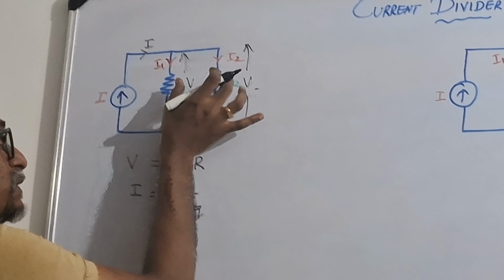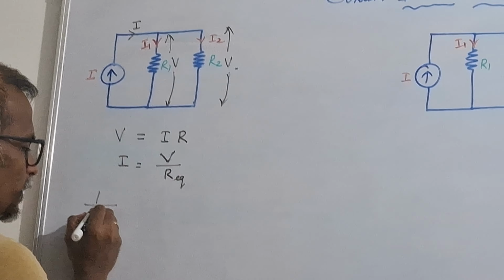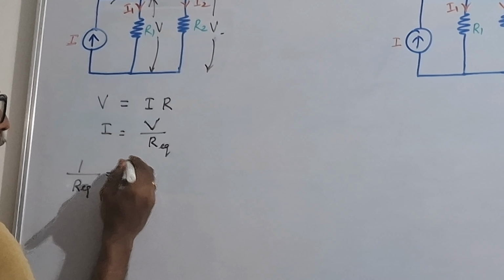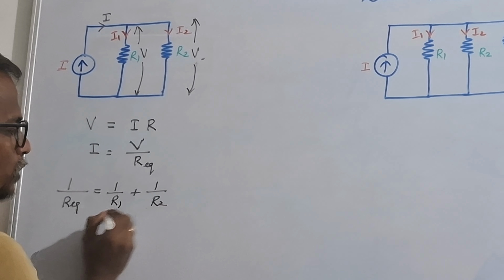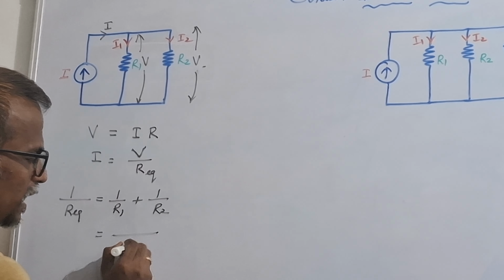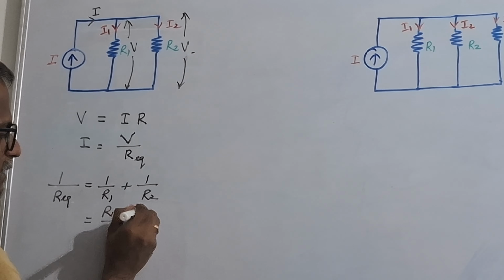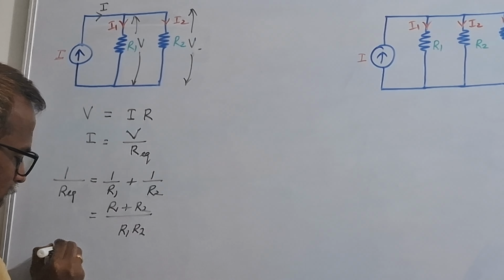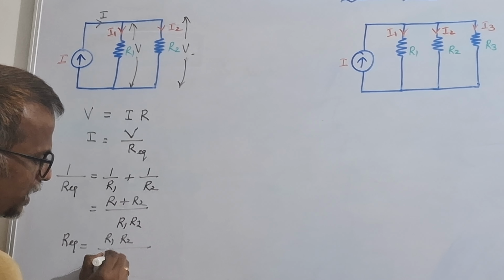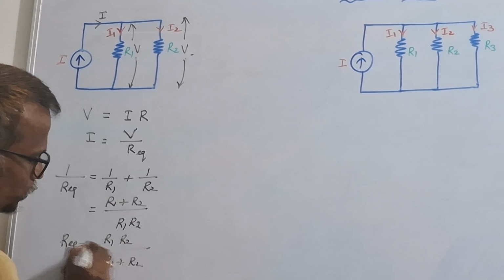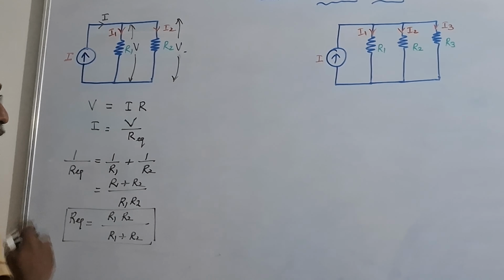As these two resistances are in parallel, how do we find the equivalent resistance? 1 by R equivalent is equal to 1 by R1 plus 1 by R2. Taking R1 R2 as the LCM, that is equal to R1 plus R2 over R1 R2. So R equivalent is R1 R2 divided by R1 plus R2. This is the equivalent resistance formula that we have to substitute.